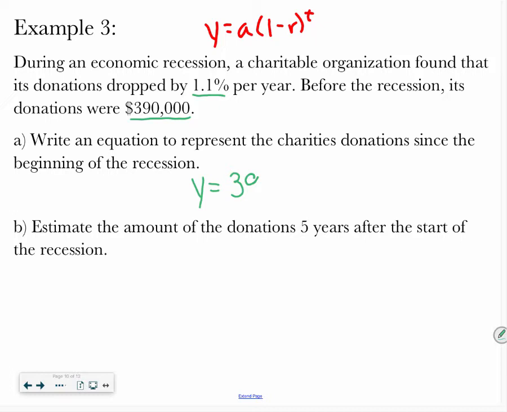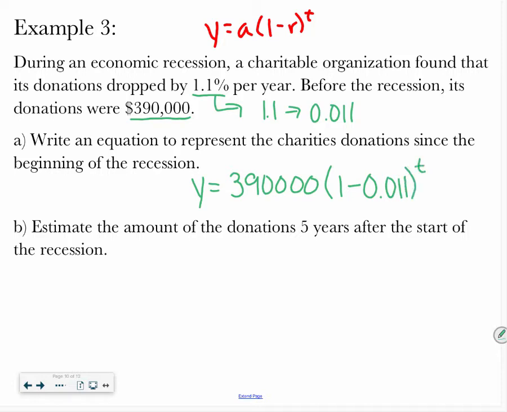So our equation is going to be y equals 390,000 times 1 minus, then we need to convert that 1.1 to a decimal. So 1 minus 0.011, to the tth power.